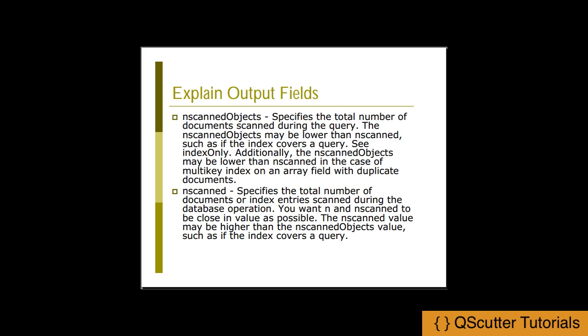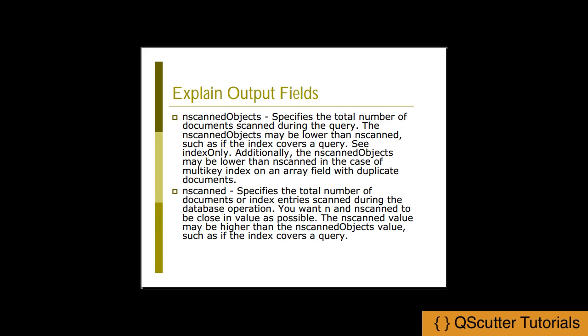nscannedObjects specifies the total number of documents scanned during the query. The nscannedObjects may be lower than nscanned, such as if the index covers a query. Additionally, the nscannedObjects may be lower than nscanned in the case of a multi-key index on an array field with duplicate documents. nscanned specifies the total number of documents or index entries scanned during the database operation.